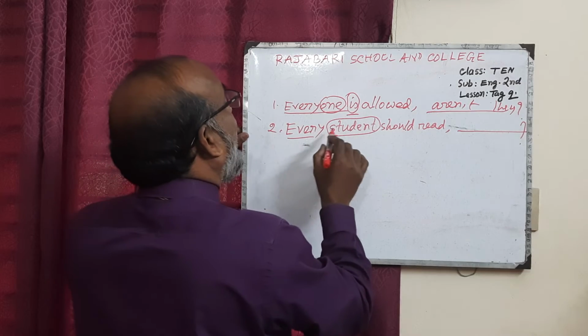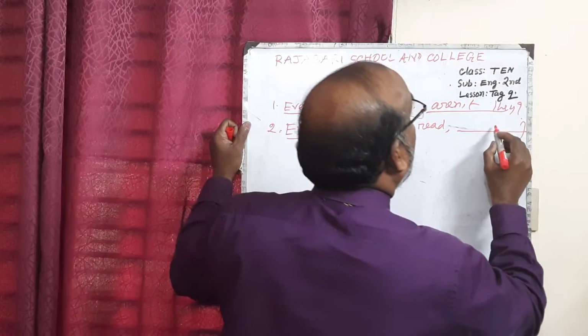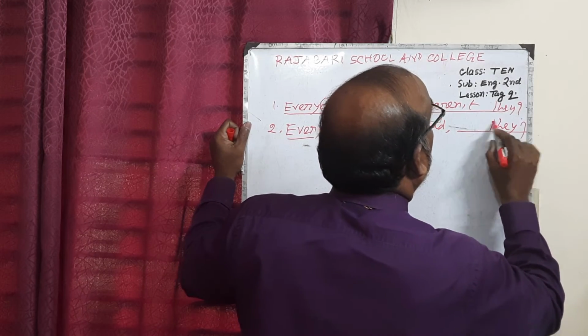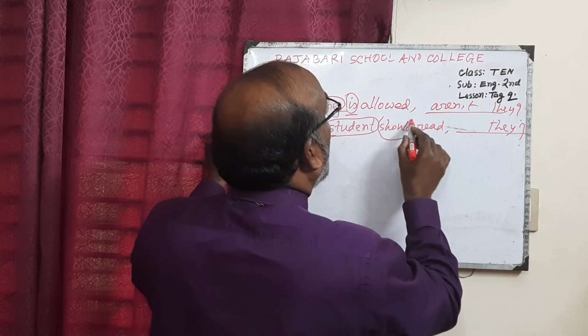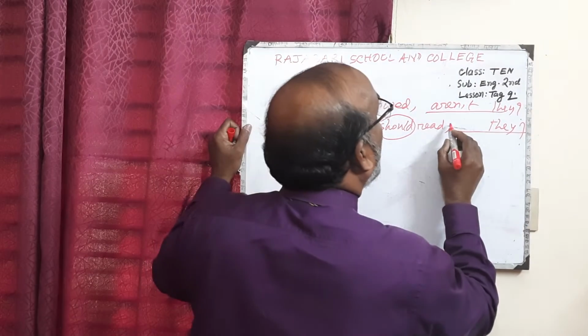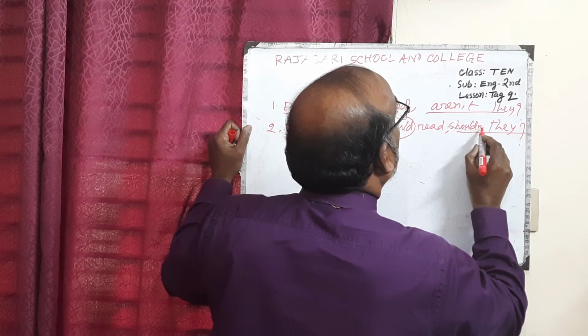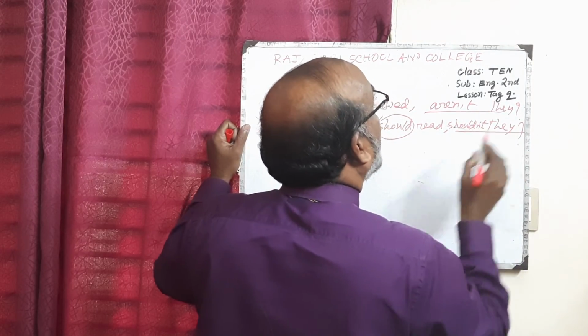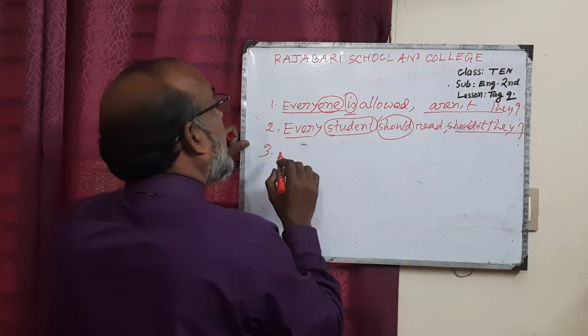After every, if you see any person, then the subject will be they. Here, the auxiliary verb, you can see should. So you will use shouldn't. Shouldn't they?